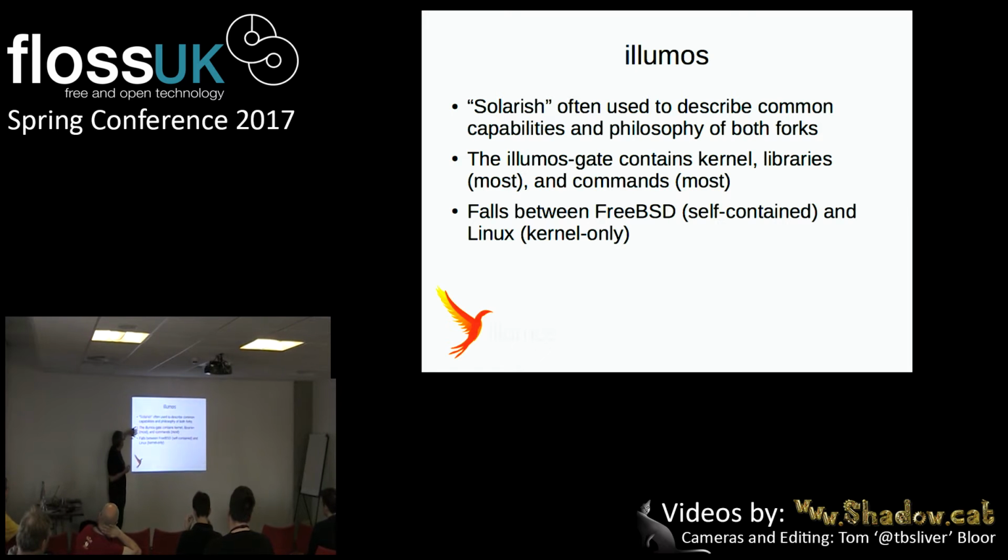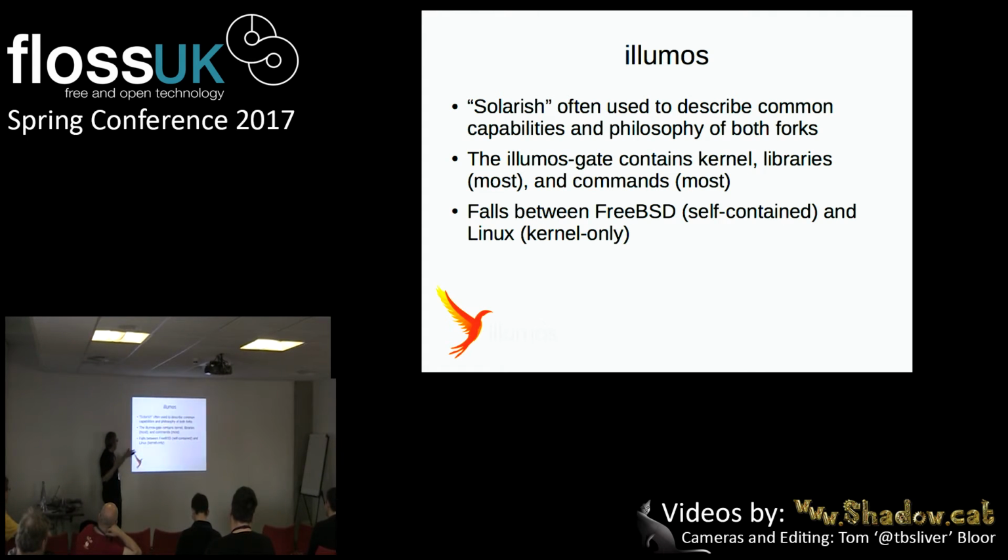In terms of the code, Illumos Gate is the repo. That's the repo now on GitHub. It contains the kernel, device drivers, libraries, well, most of the system libraries, most of the user level commands that you have, man pages now.